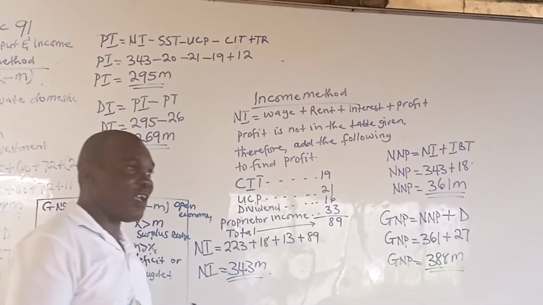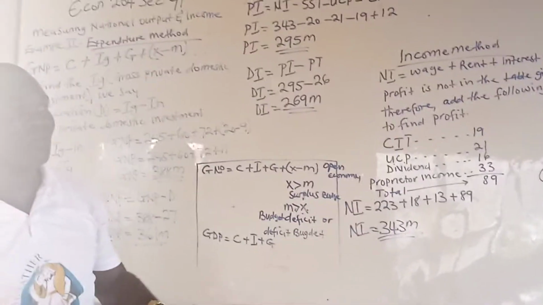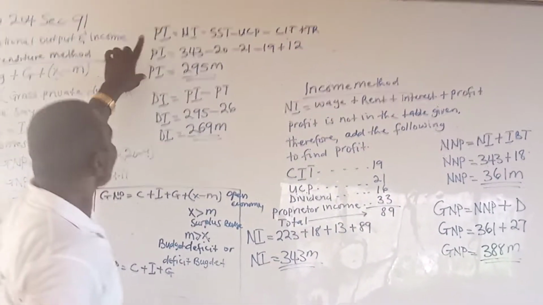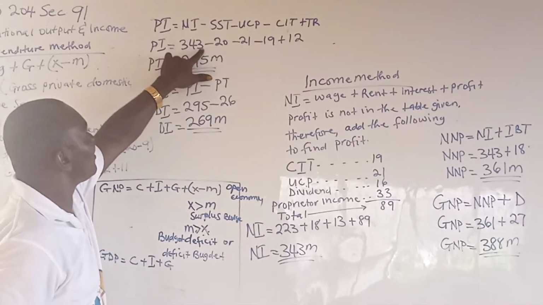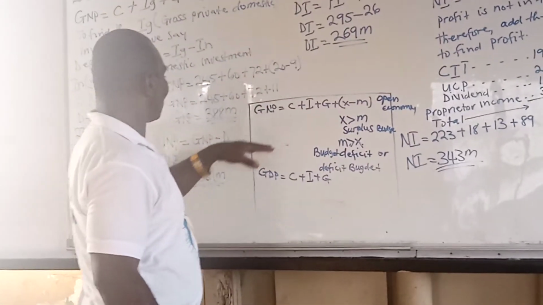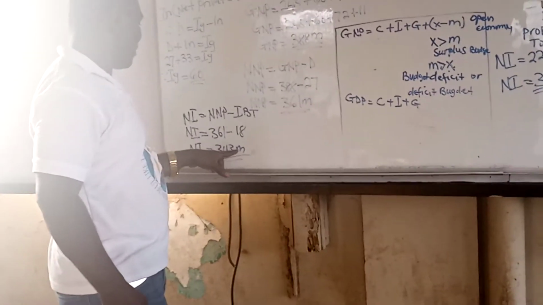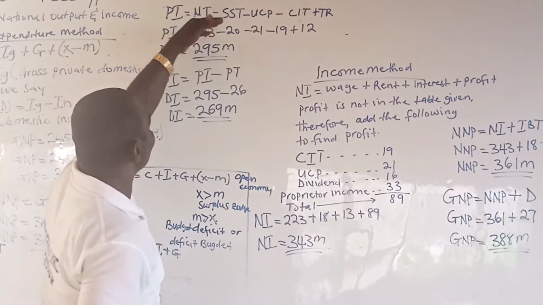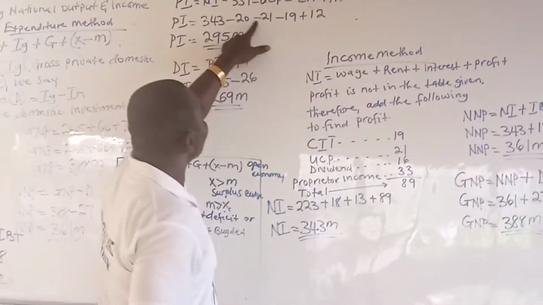Plus transfer payment. Sometimes they give you a pension and you have to get something, so it becomes transfer payment. So we go through, we put in the figure, the 343, which is the national income, 343 million. So we have all of these values there.